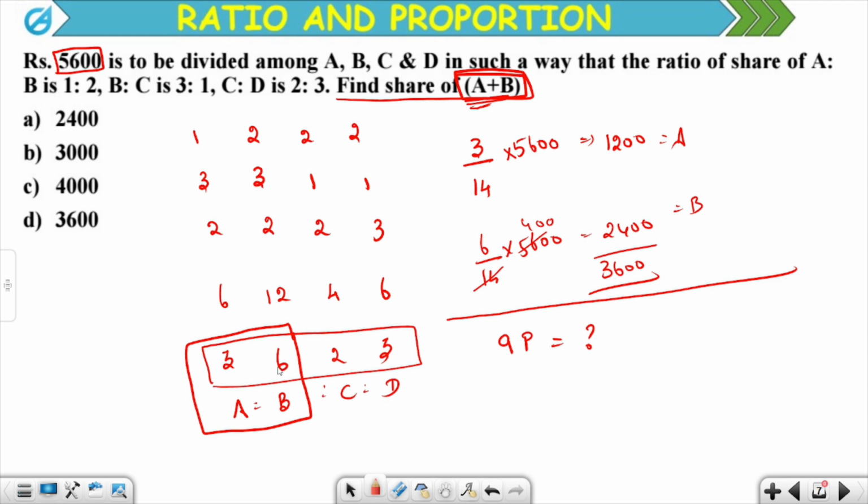So what is 3 plus 6 plus 2 plus 3, which is 14 parts. So if 14 parts is 5600, they're asking what 9 parts is. Correct? So just cross multiply. So 5600 into 9 parts by 14 parts. Okay, so cancel, this is one time and this is four times. So 9 into 400, which is 3600. So the answer will be 3600.